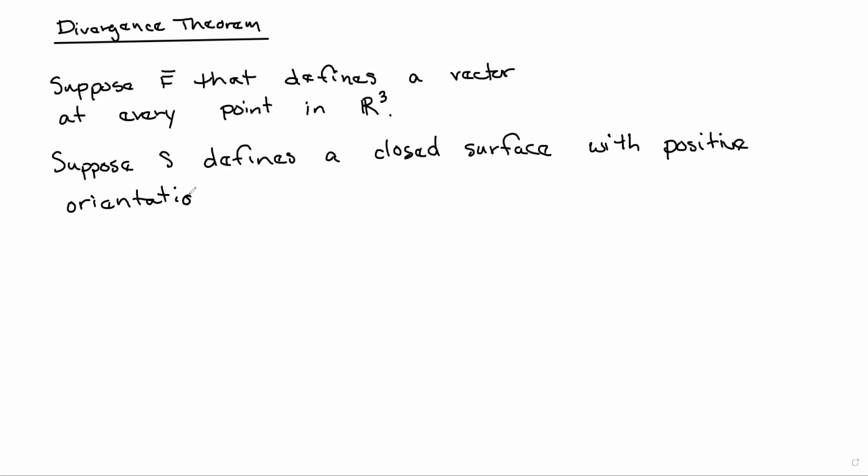And by that, we mean that it has outward pointing normal vectors, and that it surrounds the solid region E.